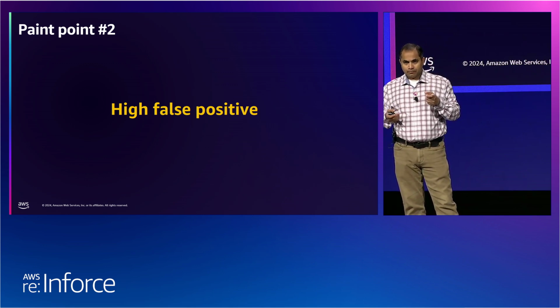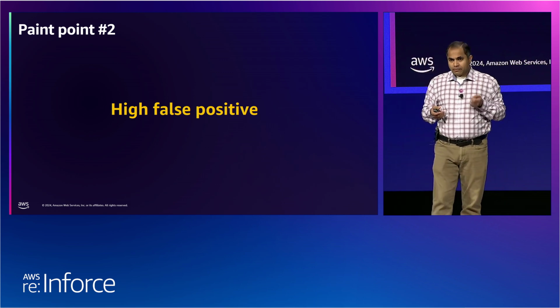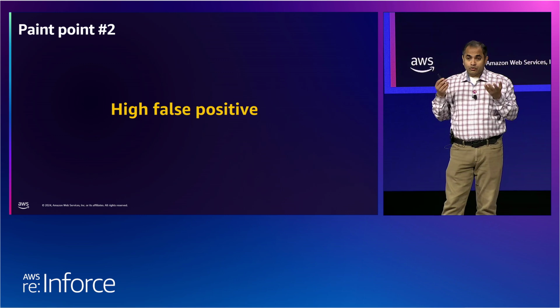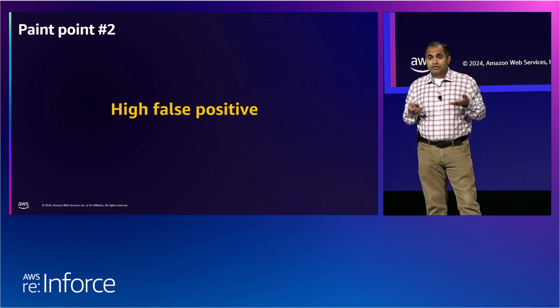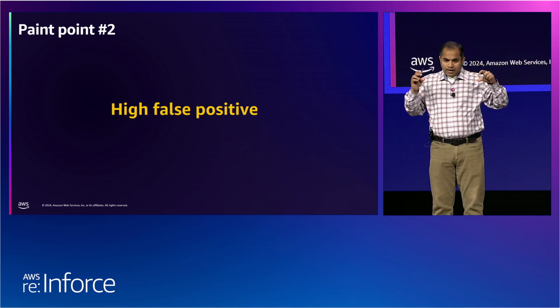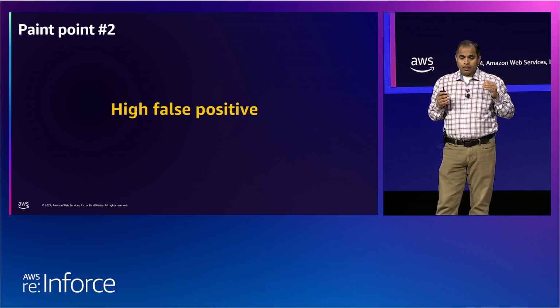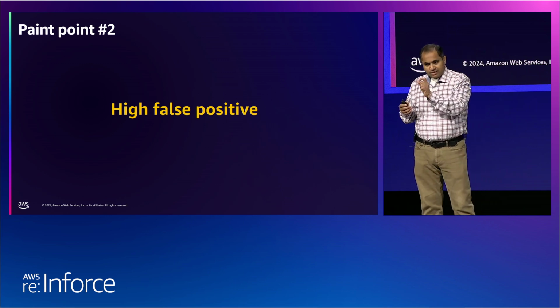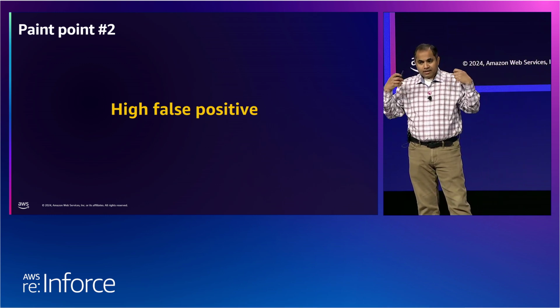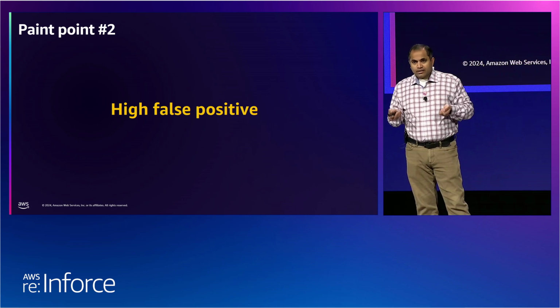Let's take an example. We have the MD5 algorithm. Many people use this for encryption, and many developers use this for generating unique IDs. So if you have an MD5 API used in your code, and the SAST scanner detects every instance of MD5 and starts flagging that there is a security risk, it is not correct.